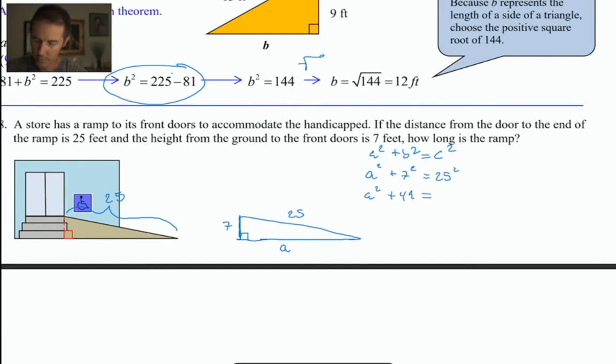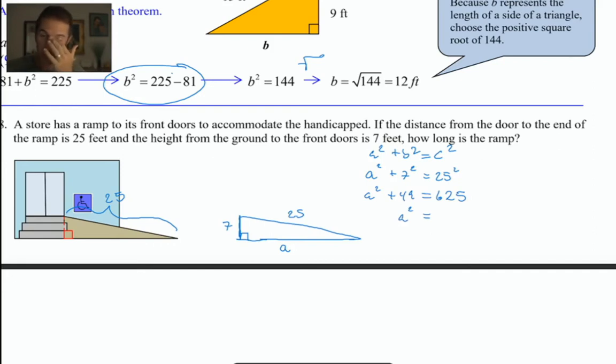I also happen to know that 25 squared is equal to 625. And then if we subtract 49 from both sides of that equation, we find that A squared is equal to, and then I'm supposed to know what 625 minus 49 is.